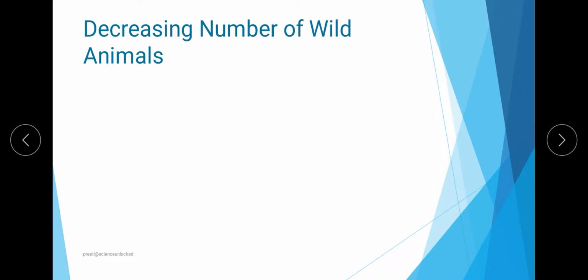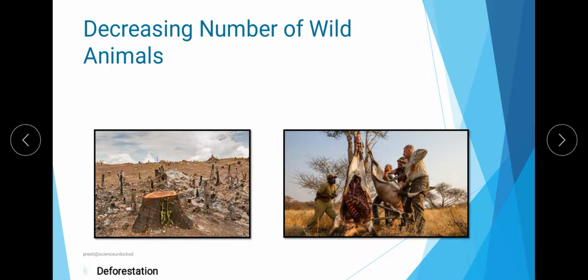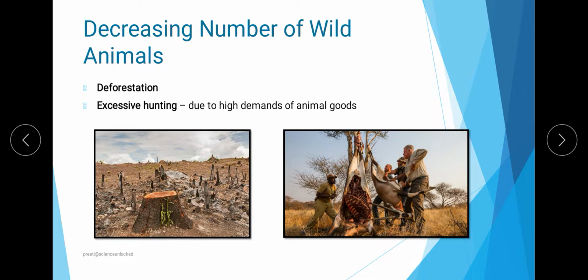The reason behind the decreasing number of wildlife is excessive hunting and deforestation. Deforestation we have already discussed. Excessive hunting happens when animal goods required by the increasing population are taken, which plays an important role in the decreasing number of wildlife animals.